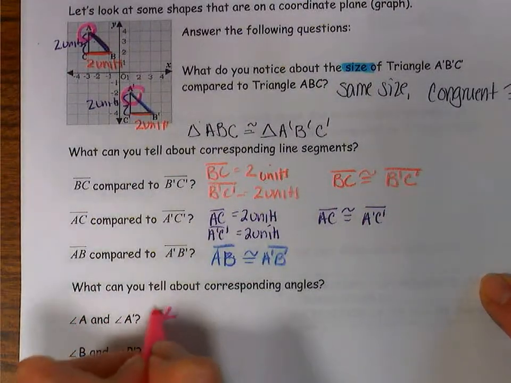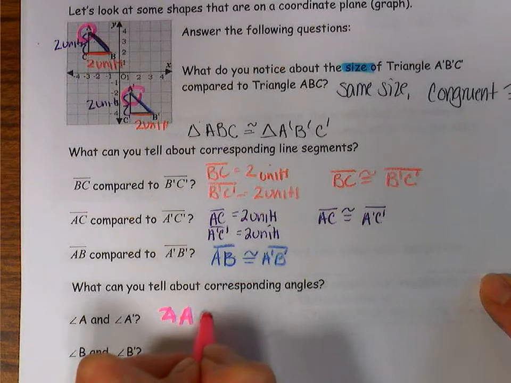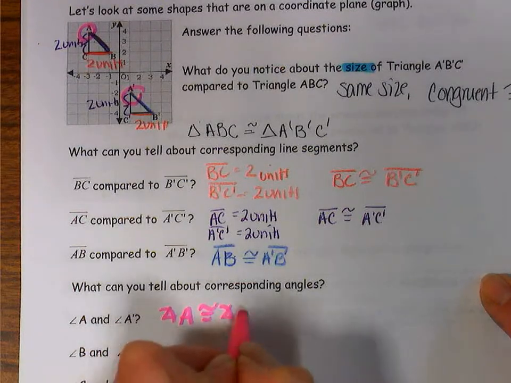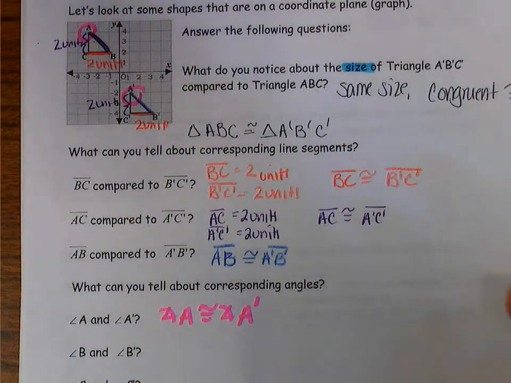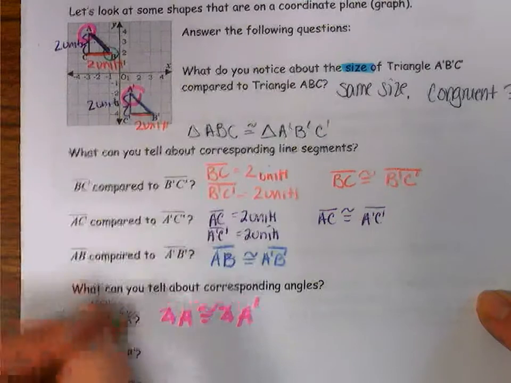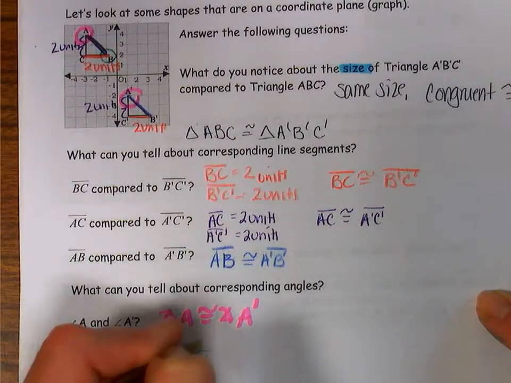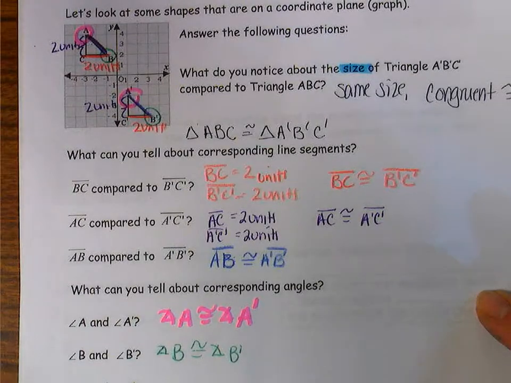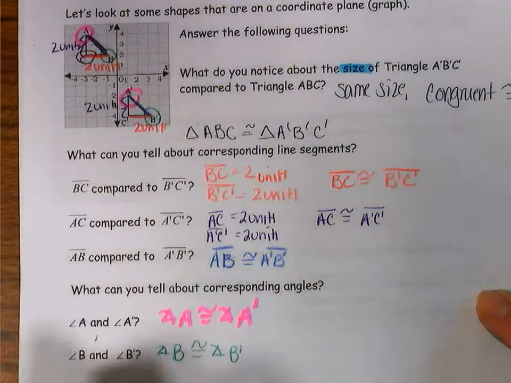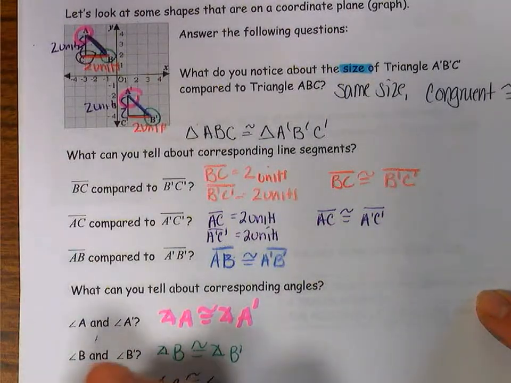If I were to measure it with a protractor, they will indeed be congruent. So A is corresponding and congruent to A prime. Angle B is congruent to angle B prime. And angle C is congruent to angle C prime.